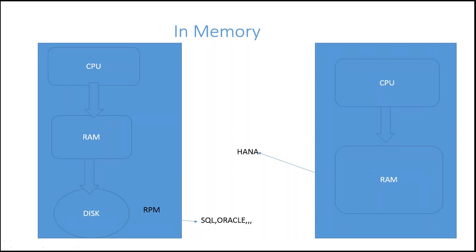That is the reason generally 64 GB RAM is required. That depends on the requirement, the RAM capability. So from HANA's point of view, only CPU and RAM, there is no hard disk concept. This is called in memory. Is in memory clear? Okay, good.